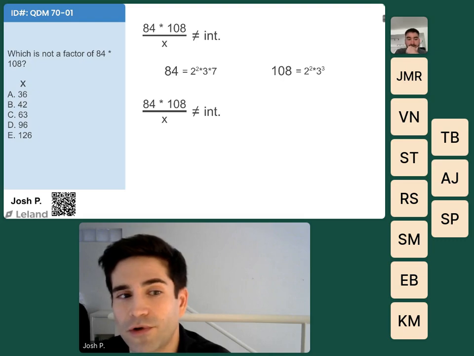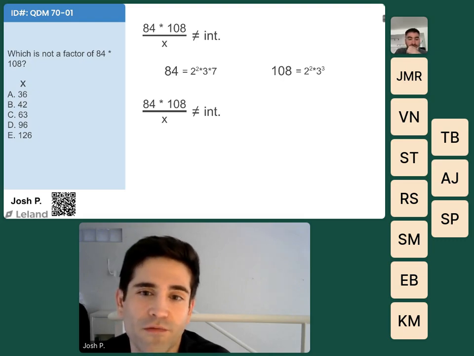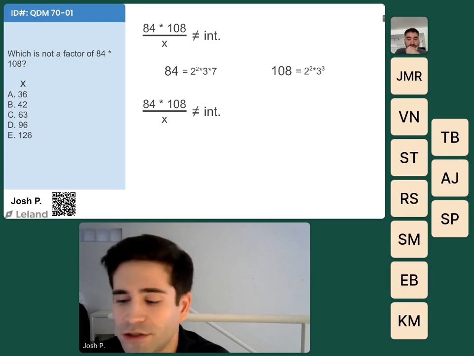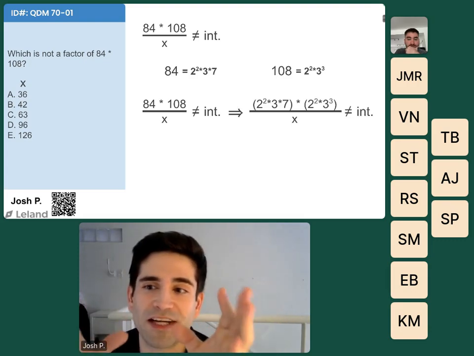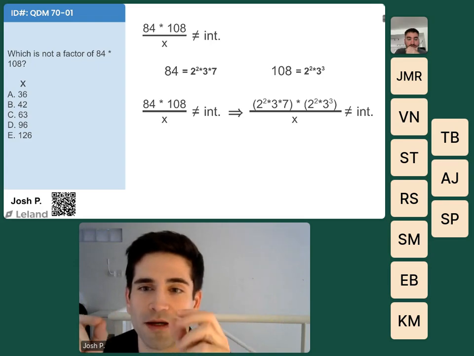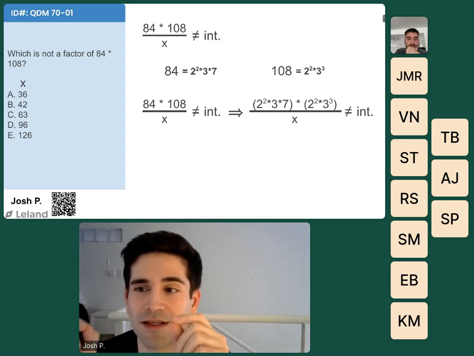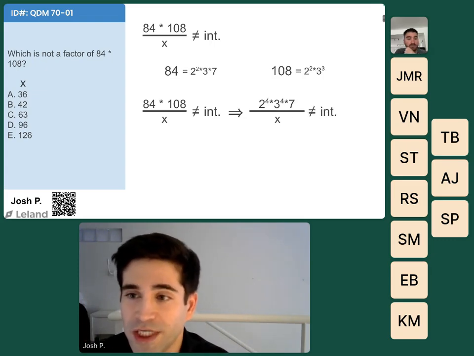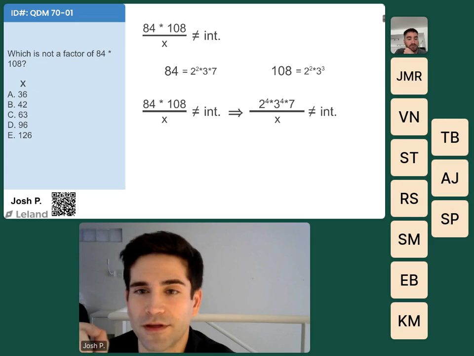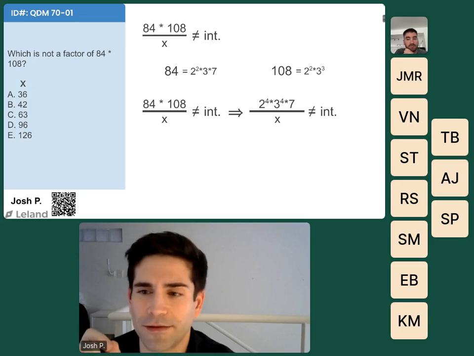Considering that we're looking for an x that makes 84 times 108 divided by x not an integer, we want to view, once again, the prime factorization. So we have 2 squared times 3 times 7 times 2 squared times 3 cubed, which gives us 2 to the 4th times 3 to the 4th times 7.